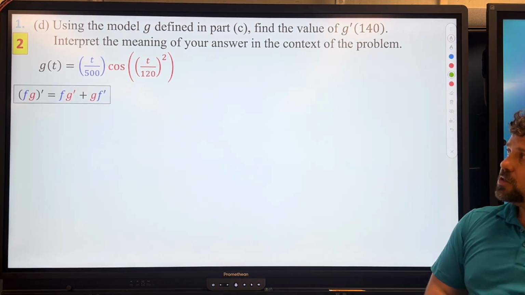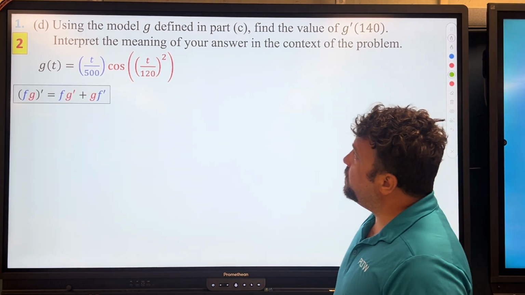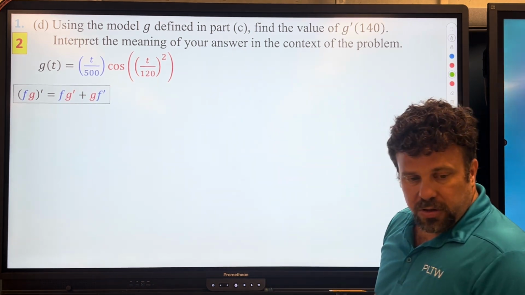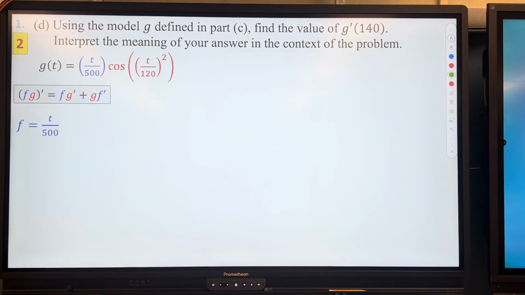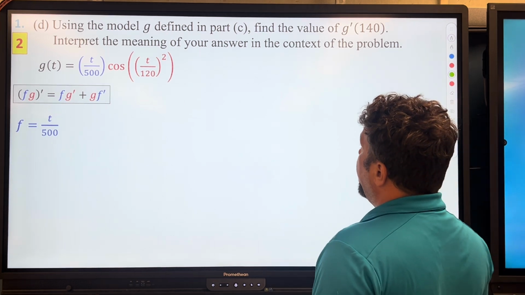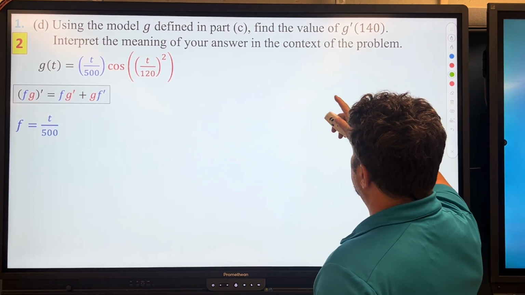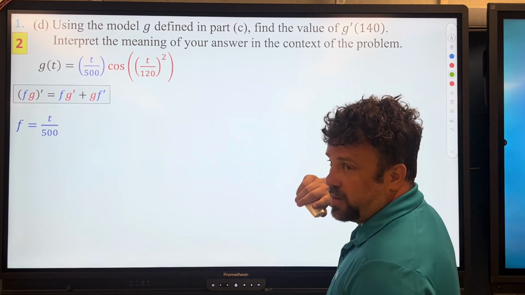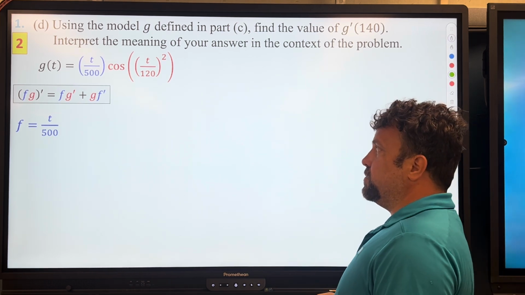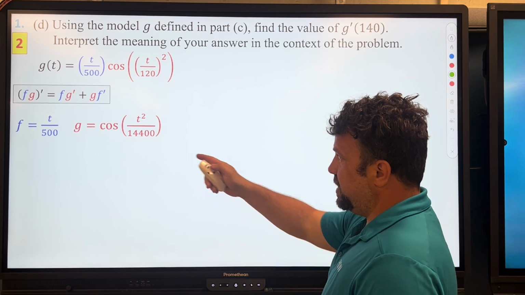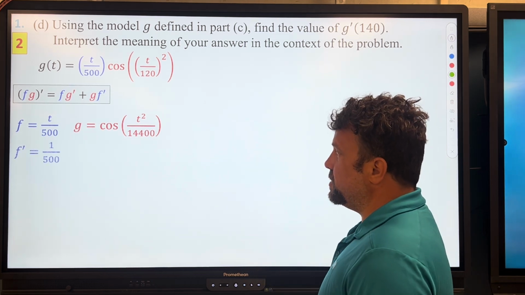Calculator. But first, if you want to use your rules, we can actually solve this before we use the calculator. I'll show you how to do it with the calculator without. So this is a product rule, f and g. f prime would just be 1 over 500.